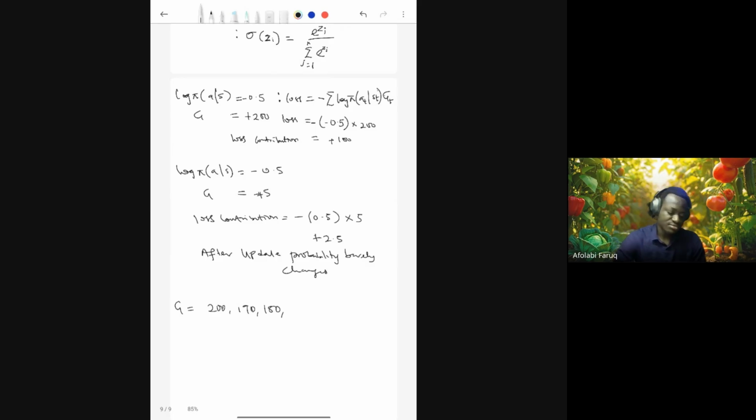So these are quite big updates. The gradients on each of these are quite big, which will lead to big updates that can destabilize training.